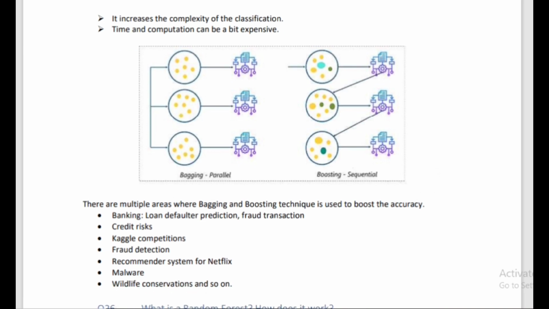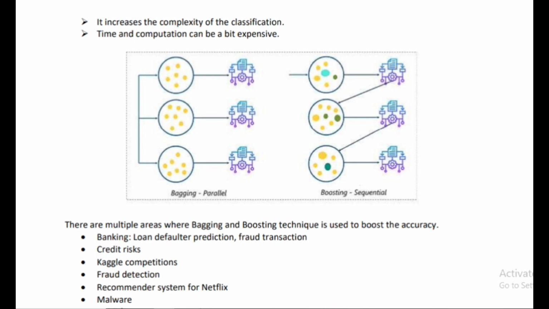Cons of boosting. The boosting technique often ignores overfitting or variance issues in the dataset. It increases the complexity of the classification. Time and computation can be a bit expensive. In this figure we can see on the left side bagging, that is parallel, and on the right side boosting, sequential.